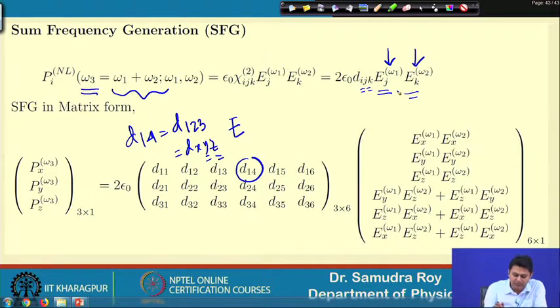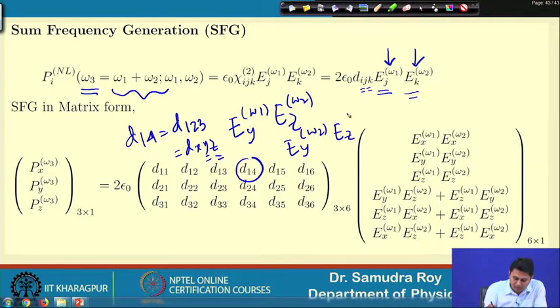So, we will have two terms, one is y with frequency component 1 and another is z with frequency component 2, but the other term is still possible, which is y with frequency component 2 and z with frequency component 1. In both cases they are going to generate a frequency omega 3, because when we multiply these two things we generate omega 1 plus omega 2. If we multiply these two, again it will generate omega 3, which is omega 1 plus omega 2. That is why we have two terms adding here.